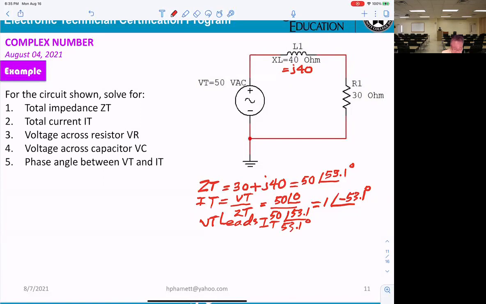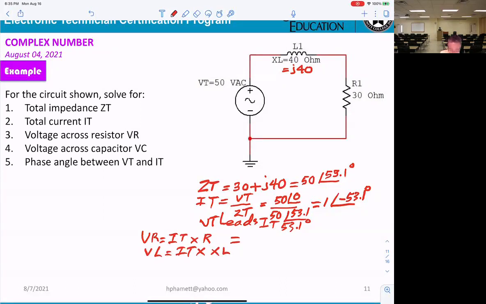Then you can calculate the VR. IT times R, VL is IT times XL.